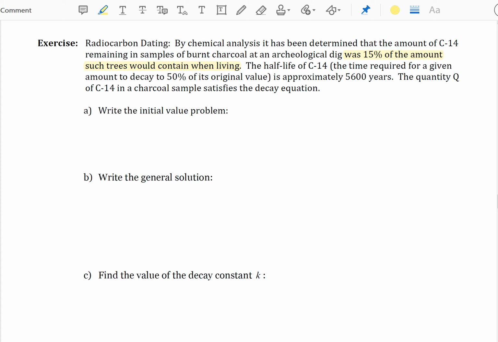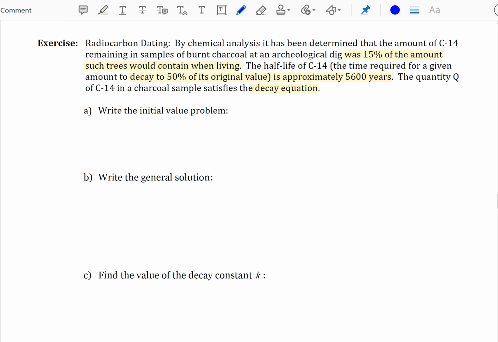The half-life of C14, the amount of time required for the given amount to decay to 50% of its original value, is approximately 5,600 years. We're also told that the quantity of C14 in a charcoal sample satisfies the decay equation. Let's write the initial value problem.